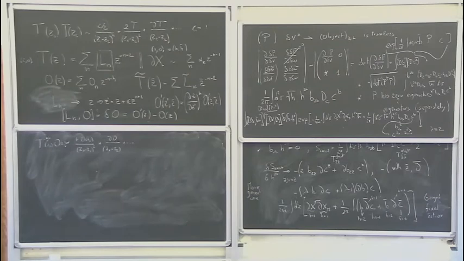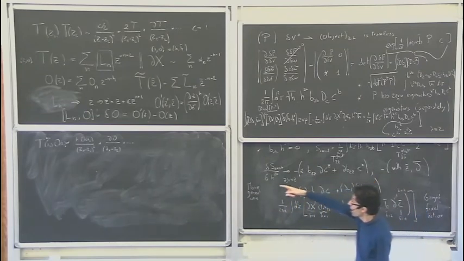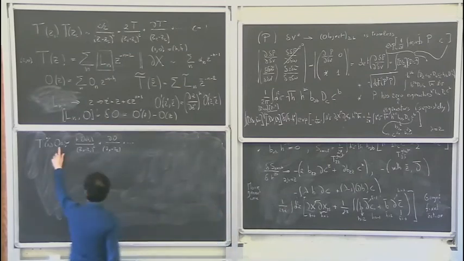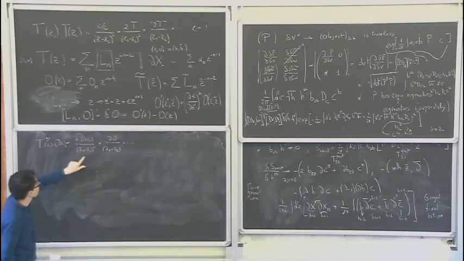So what you can do is to take this expression for T, evaluate it in z1, and then take O to be B, look at the quadratic pole, and see whether this coefficient is 2.